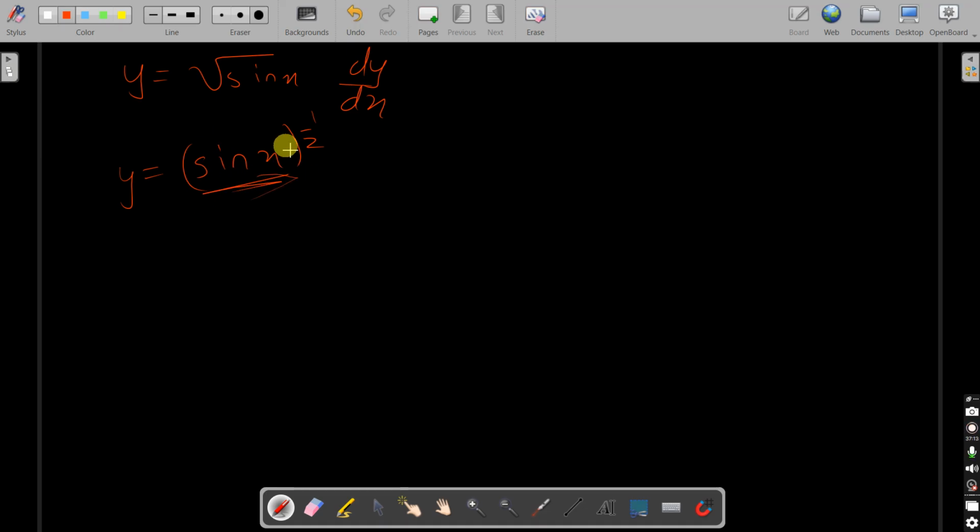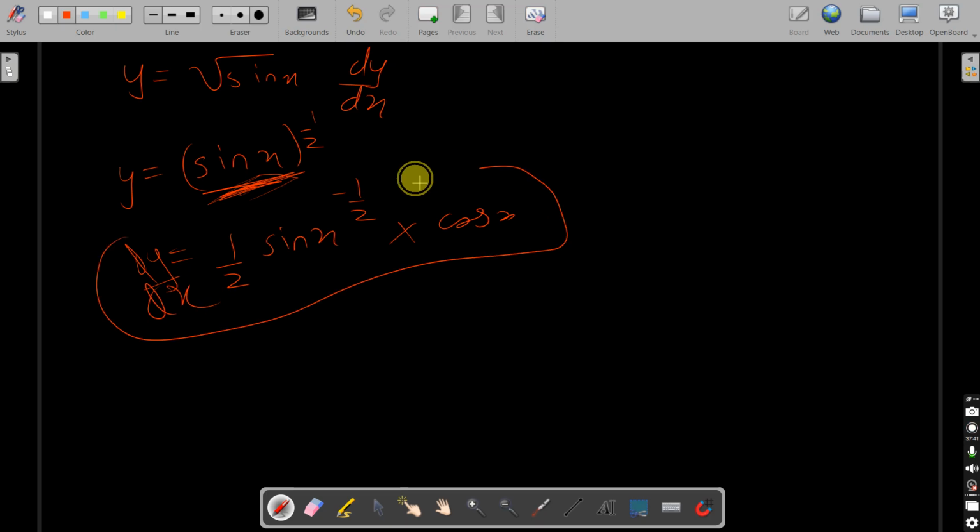So we have sin x to the power minus 1 upon 2, and then we have to differentiate the thing inside of it, which is sin x, multiplied by cos x. So the answer is dy by dx is equal to this.